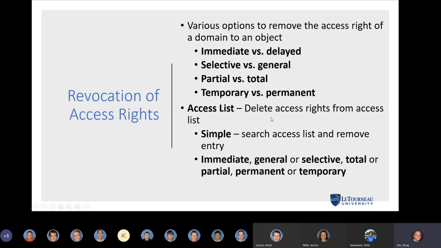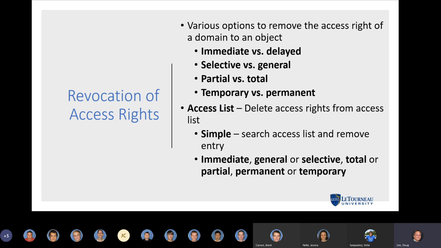For access lists, deleting access rights from an access list is simple. You search the access list and remove the entry from the list. That's a fairly straightforward operation that you've seen in your data structures classes. They can also be immediate, general or selective, partial, permanent or temporary.